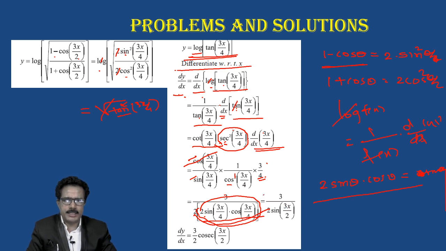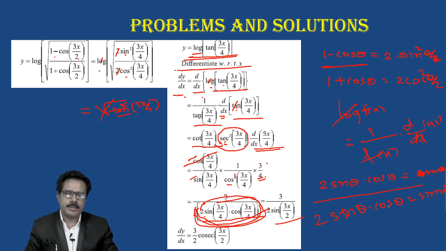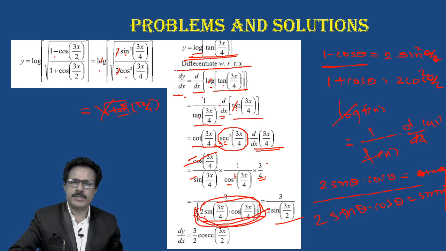Therefore numerator 3 as it is, 2 into sin 3x by 2, 1 upon sin means cosec. The result is dy by dx equals 3 by 2 cosec 3x by 2. Here in this case, we have used the formula 2 sin theta into cos theta is equal to sin 2 theta. Okay, this is the solution of one of the examples.